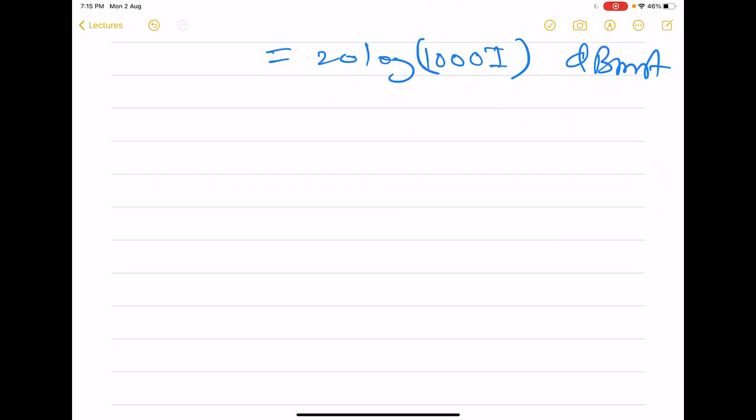Now we will talk about the effects of non-linearity of an amplifier.